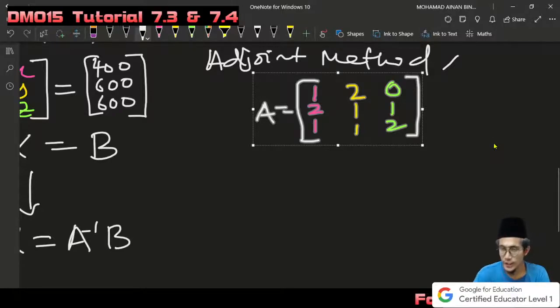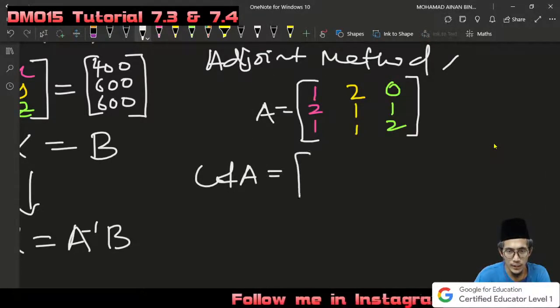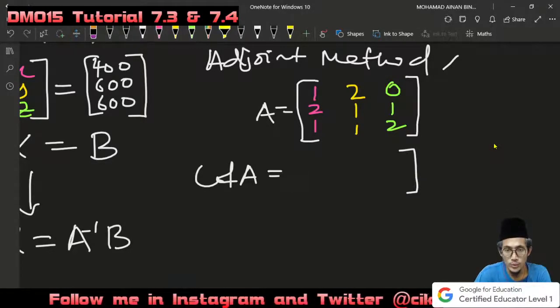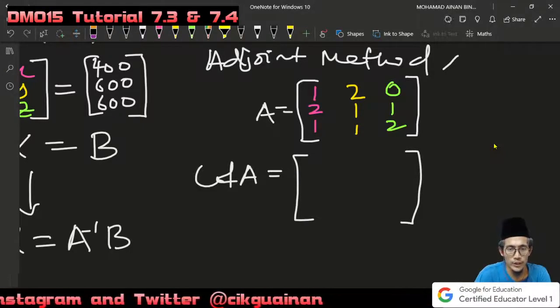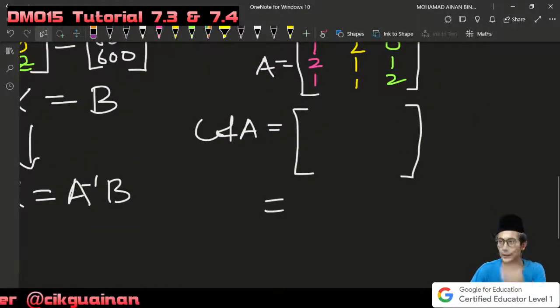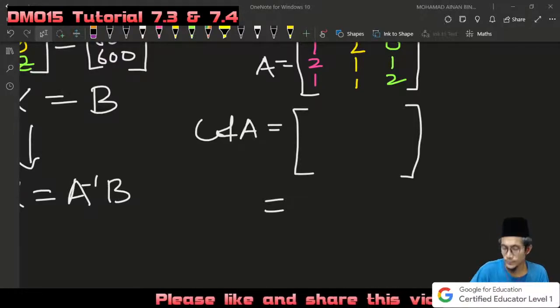Okay, so adjoint A, ingat kita kena dapatkan apa tadi? Cofactor of A. Rasanya nombornya buruk ni. Okay, cofactor of A, and then afterwards dapatkan tu. Okay, tak apa. Cofactor of A, I calculate for you. 2, 1, 1, 1, 2.